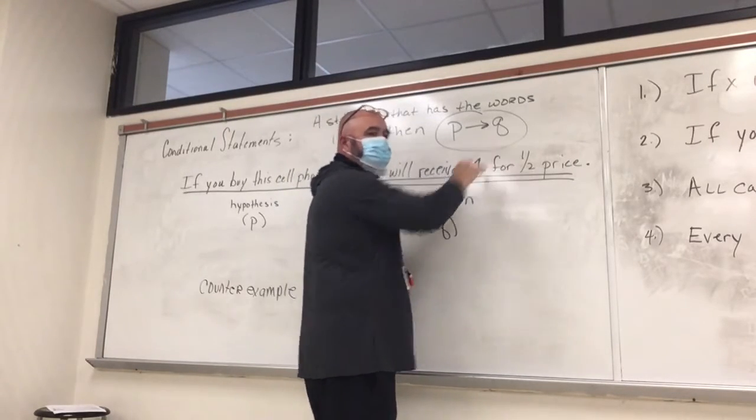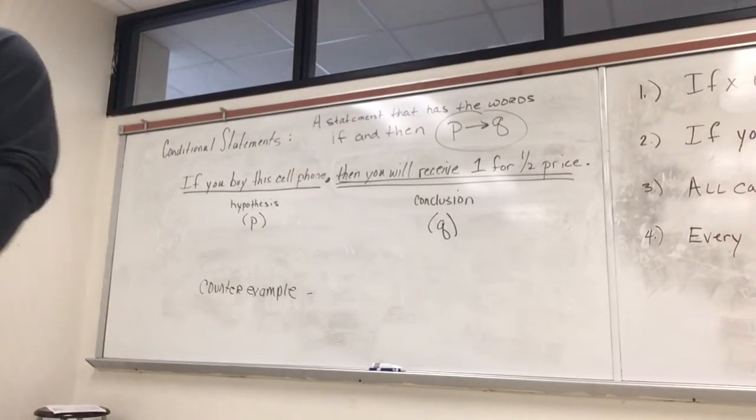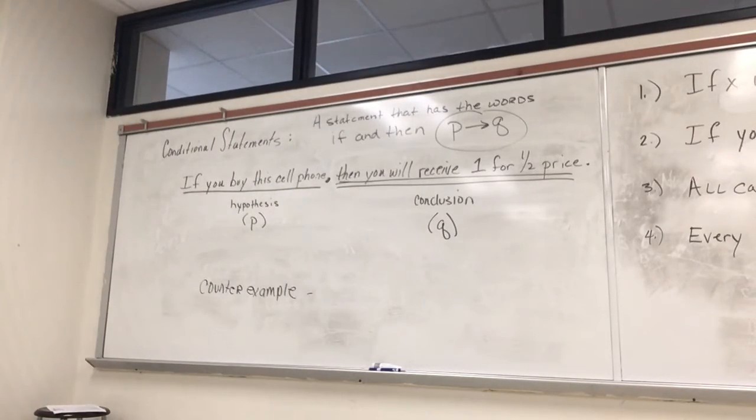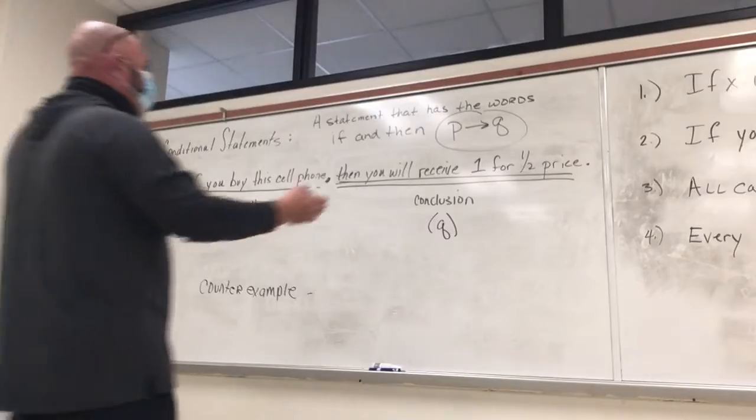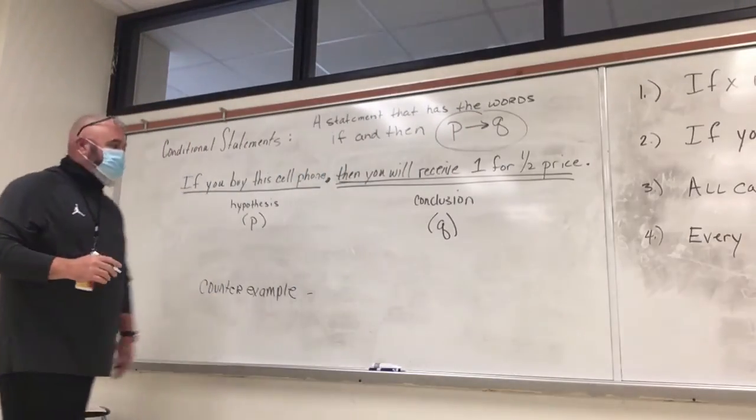Q is always the then. Okay? Because tomorrow, I'm going to twist it on you. I'm going to go Q implies P. Or I'm going to say not P, not Q. Or I'm going to say not Q, not P. Okay? So you're going to have to know what P and Q mean. P is the hypothesis. Q is the conclusion. Okay? We'll get into that later.